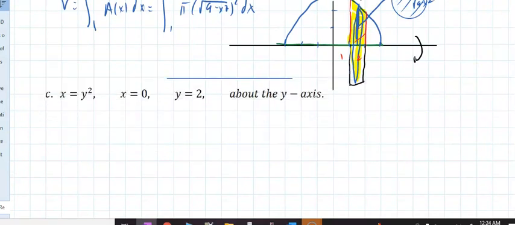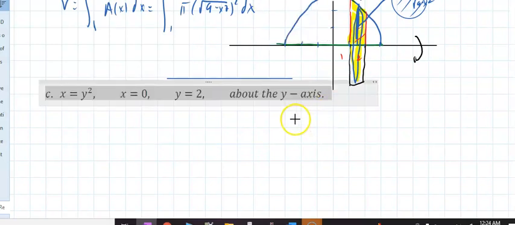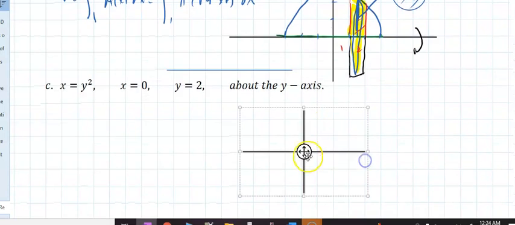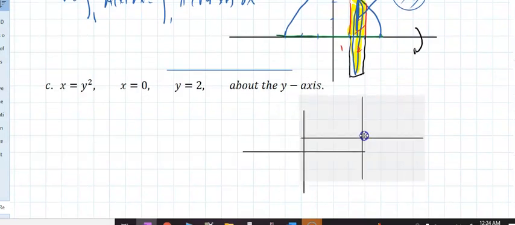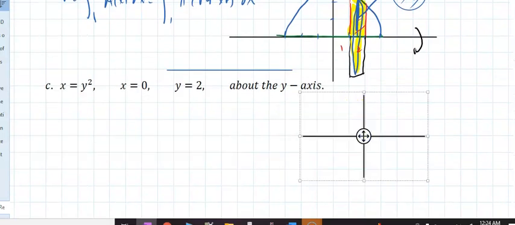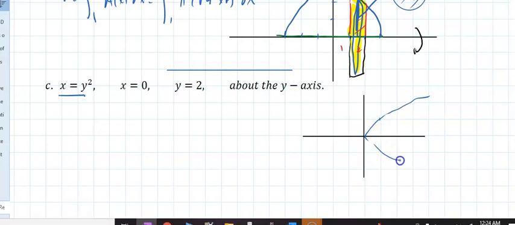x equal y squared. Let's color code those. That looks like this. x equals 0 and y equal 2.